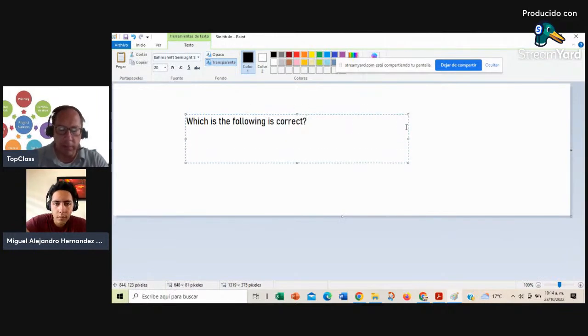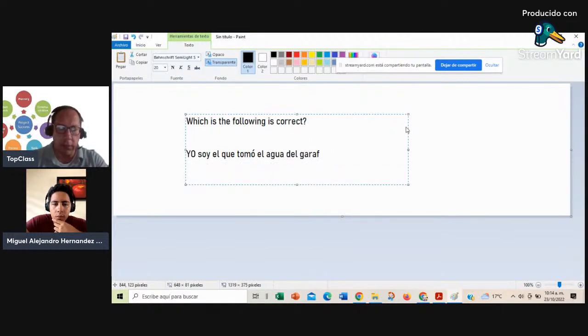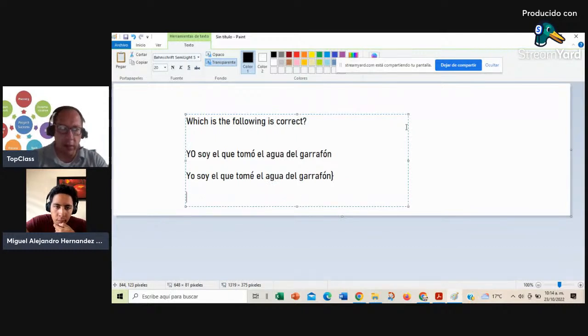Yo soy el que tomó el agua del garrafón, of course, doesn't have double F. And yo soy el que tomé el agua del garrafón, and it has double R, garrafón. And then the other one is nosotros somos los que fuimos a la fiesta.